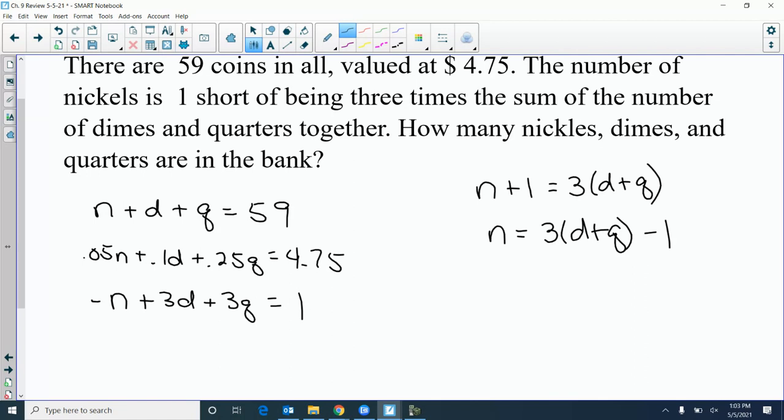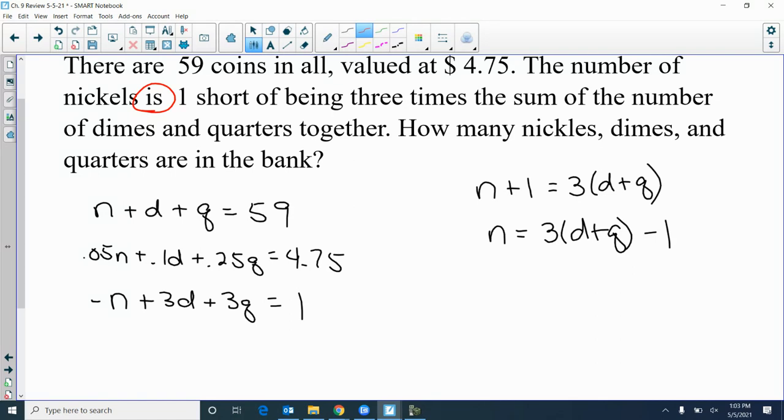The biggest mistake I see is sometimes when they say is 1 short, they'll put the minus 1 with the n. But you got to watch because remember, is means equals, and so the minus 1 has to go on the other side. So you said negative n plus 3d plus 3q equals 1 by moving the n and the 1. All right, I'll agree with that. Okay, that's fine. That looks good.